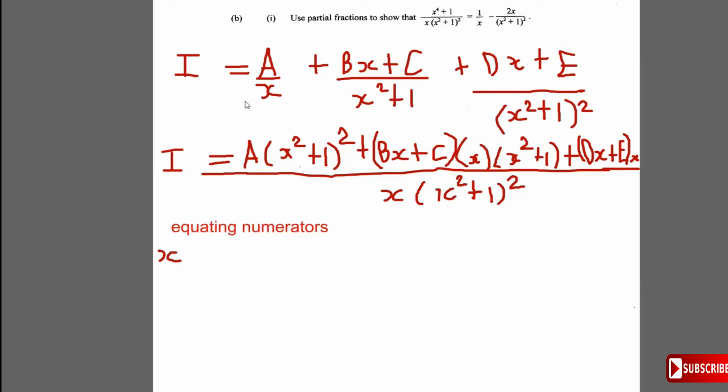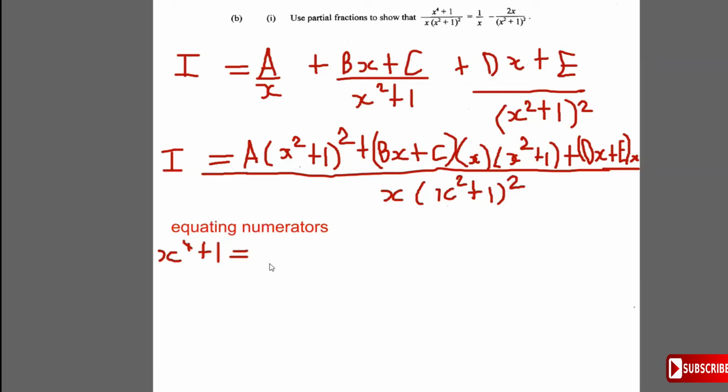Equating the numerators, we are going to see that x to the 4 plus 1 is equal to all of this. So let me go ahead and work out what all of this is. x squared plus 1 all square is x to the 4 plus.